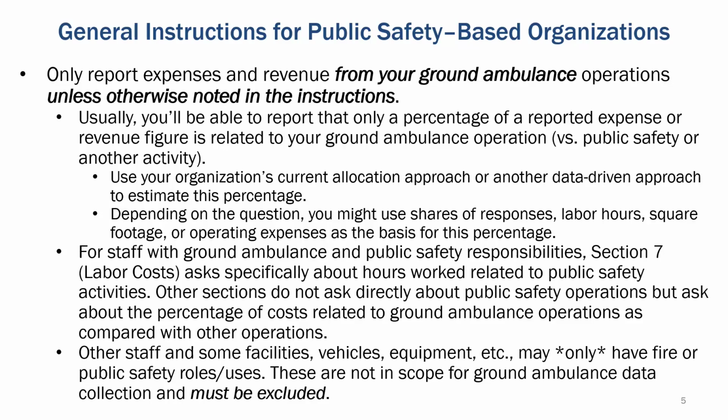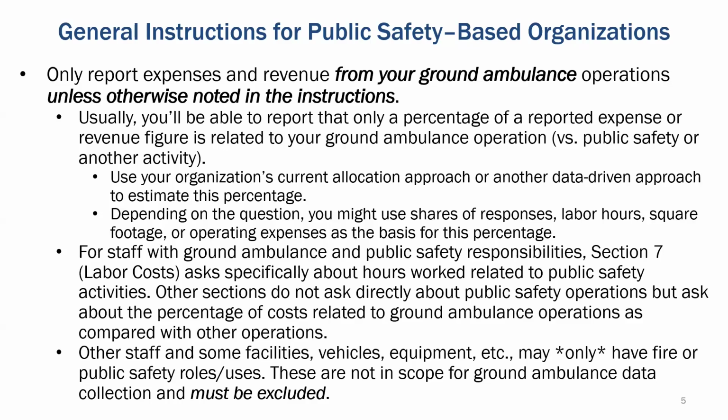And there are separate resources, including a tip sheet, to help you think through what alternatives your organization has to do that kind of allocation. The instructions also allow you to do the math yourself. Start off with the total expense or revenue amount, multiply out by the share that you think is attributable to ground ambulance operations, and then just report that dollar amount as an amount that's entirely related to ground ambulance operations.